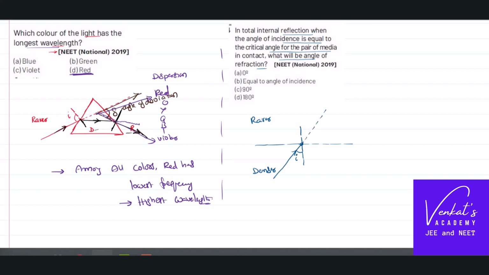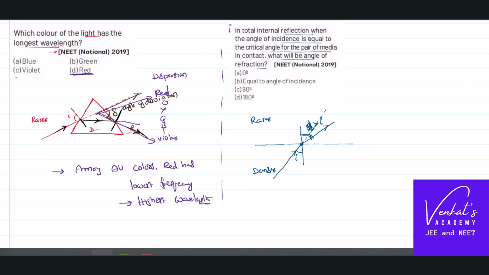This dotted line is the undeviated path, but when the light ray moves from denser to rarer, it moves away from the normal. So this is the angle of deviation, and the angle of refraction is greater than the angle of incidence.